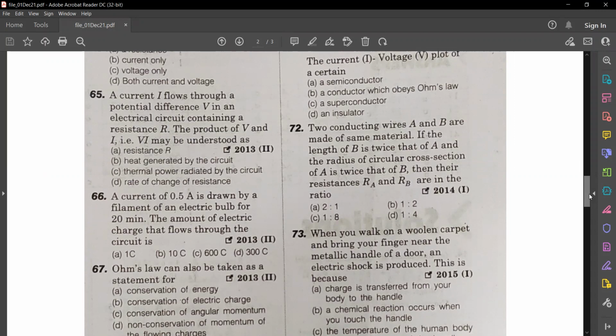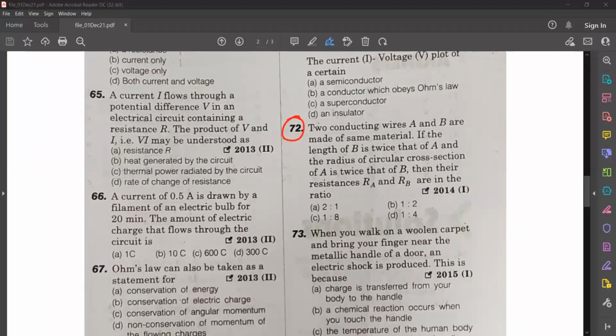Two conducting wires A and B are made of same material.